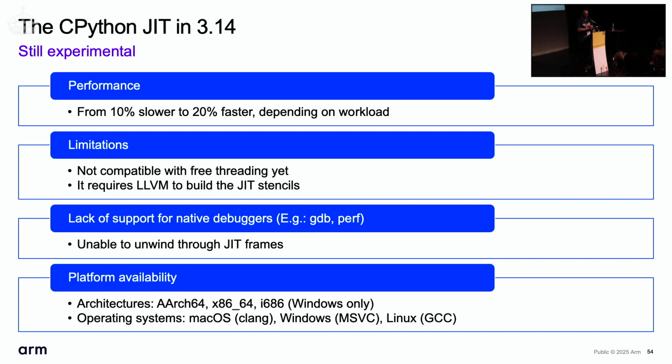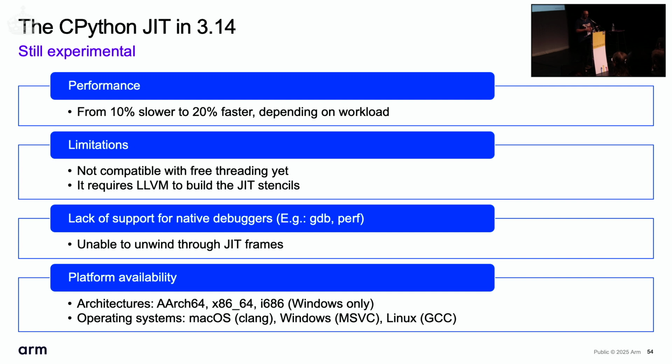There are also some important limitations. It's not compatible with a free threading implementation yet; hopefully in 3.15 we'll fix that. You need LLVM to build a stencil when compiling CPython, so LLVM is a hard dependency when compiling CPython, independently of whether you compile CPython with GCC.